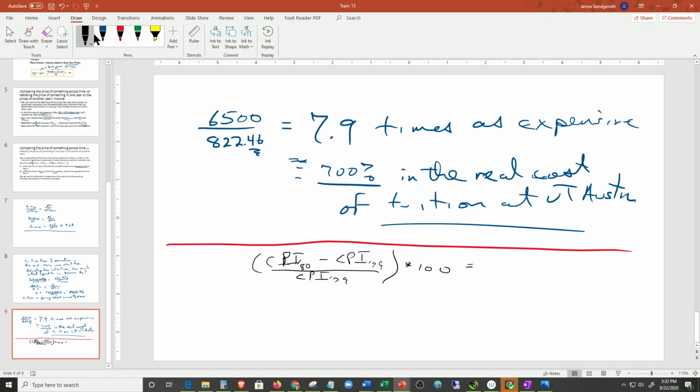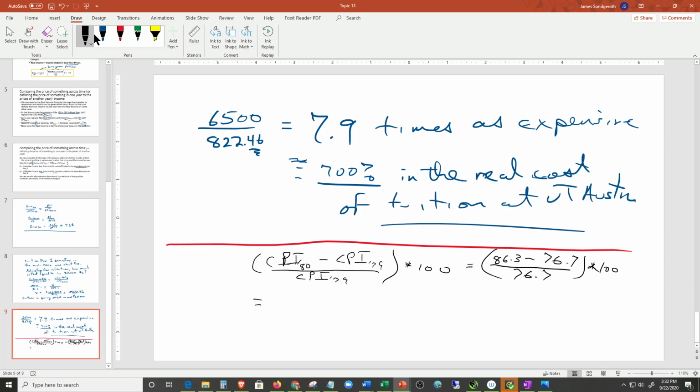So let's put these numbers in. 86.3 minus 76.7 divided by 76.7, and then that's times 100, okay?